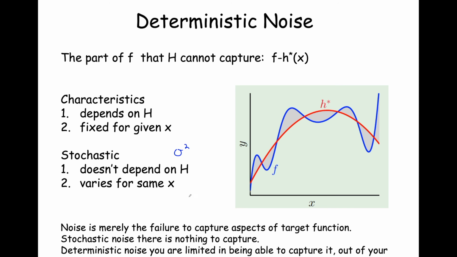Now, there are two types of noise: stochastic noise, where there's nothing to capture, and deterministic noise, meaning that the hypothesis set is limited in its ability to capture it. It's out of its league. The target's degrees of freedom allow it to bend and twist and fold in a way that the hypothesis set just can't keep up with.